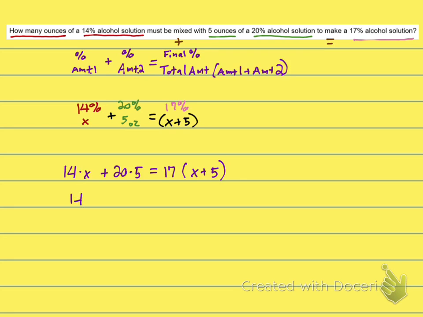This is 14x plus 100 equals, let's distribute here, that's 17x plus 17 times 5. Let me get my calculator for that. 17 times 5 is 85.